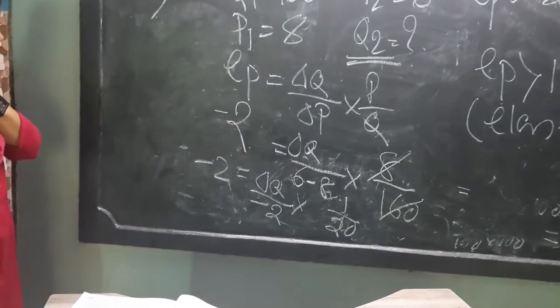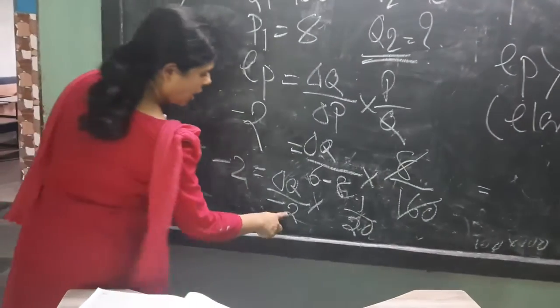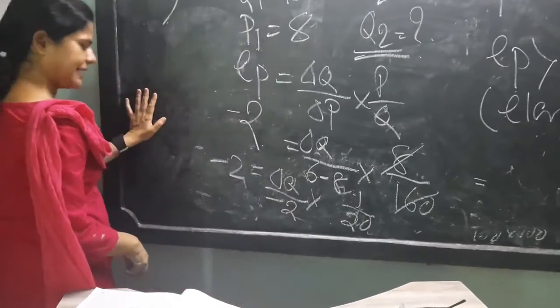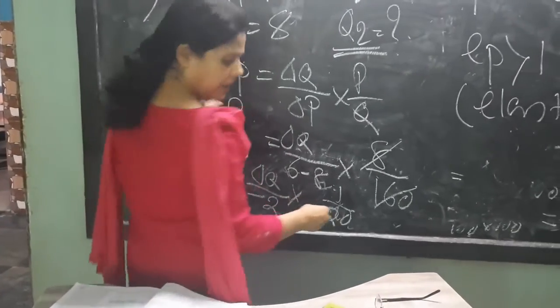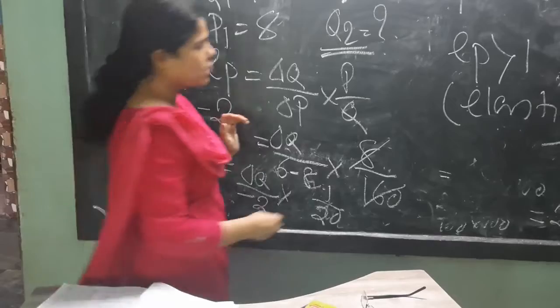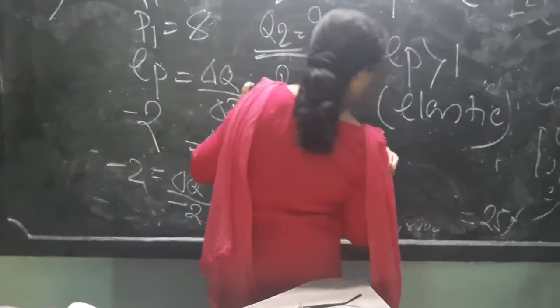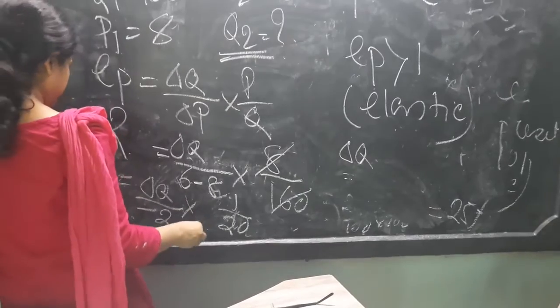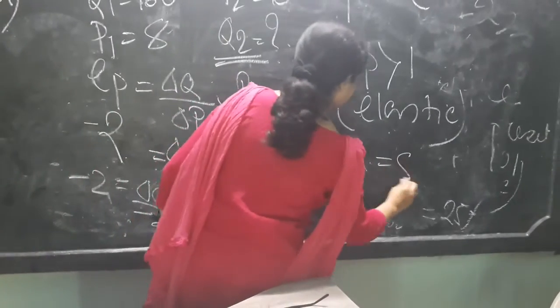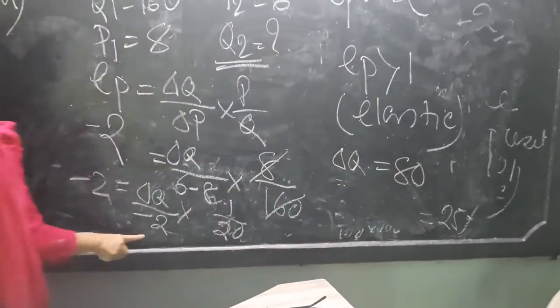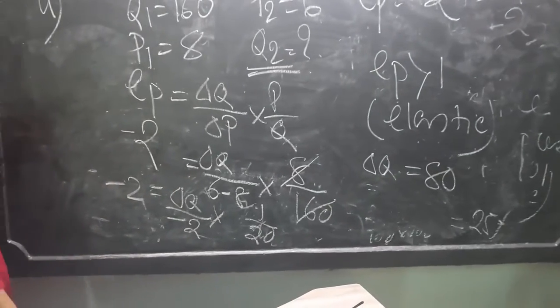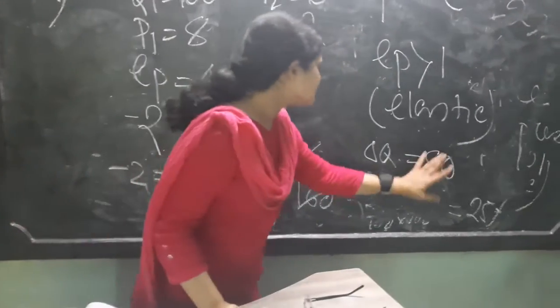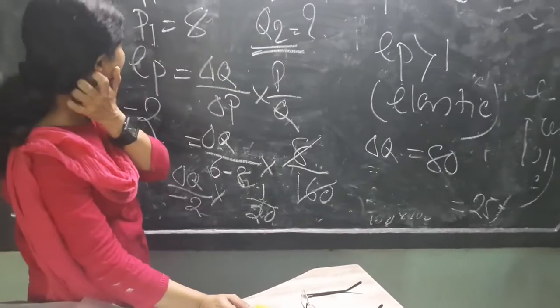Now solve 1 by 20 here, 2 and 20, 10. So what is coming? Delta Q is coming 80. 20 into 2 is 40, 40 into 2 is 80. So delta Q is 80.